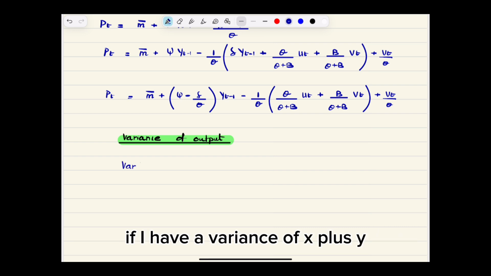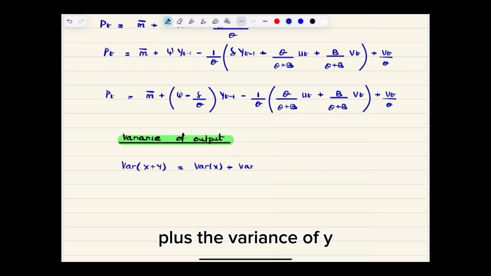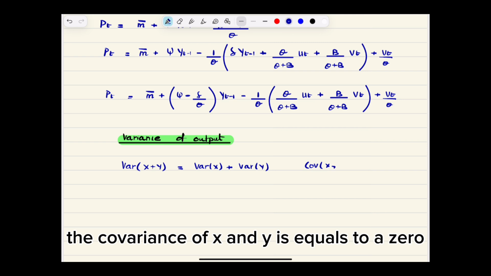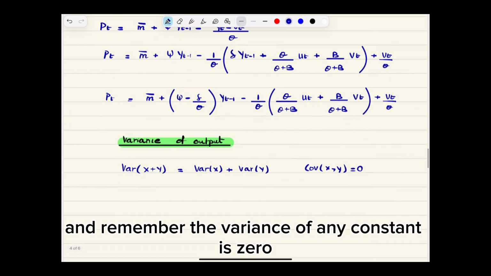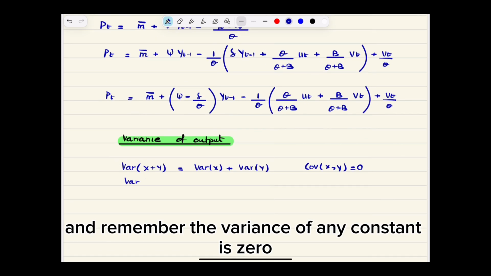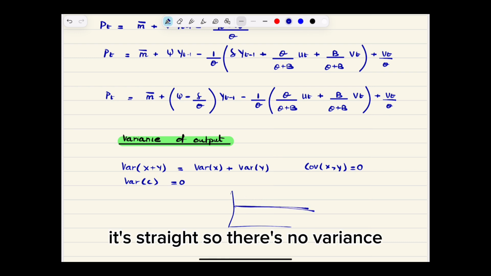If I have the variance of x plus y, then it's simply going to be the variance of x plus the variance of y, if and only if the covariance of x and y is equal to 0. That means that they're uncorrelated. And remember, the variance of any constant is 0, because a constant is not varying, right? It's stable, it's straight, so there's no variance.